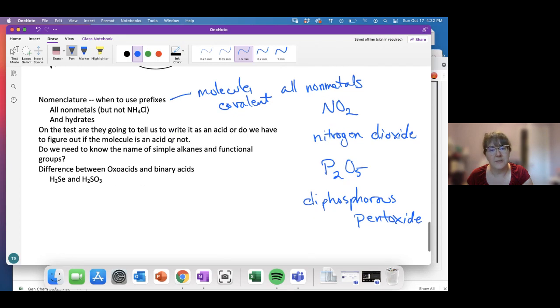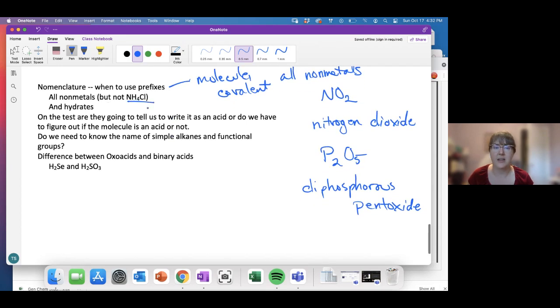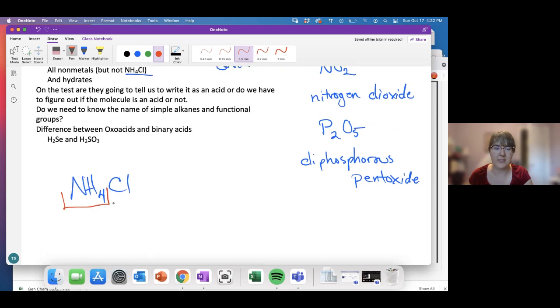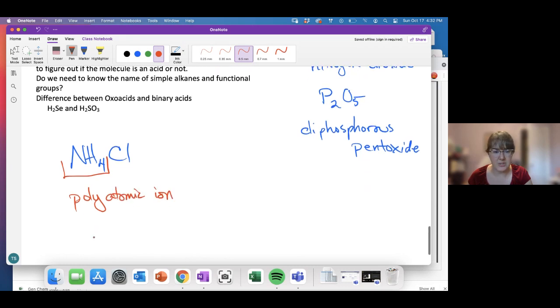Now, there is somewhat of an exception to that because I have on here, but not this one, because while it is all nonmetals, nitrogen, hydrogen, and chlorine, you are actually supposed to recognize that this thing is a polyatomic ion. So this actually is ammonium chloride, because that is the ammonium ion.